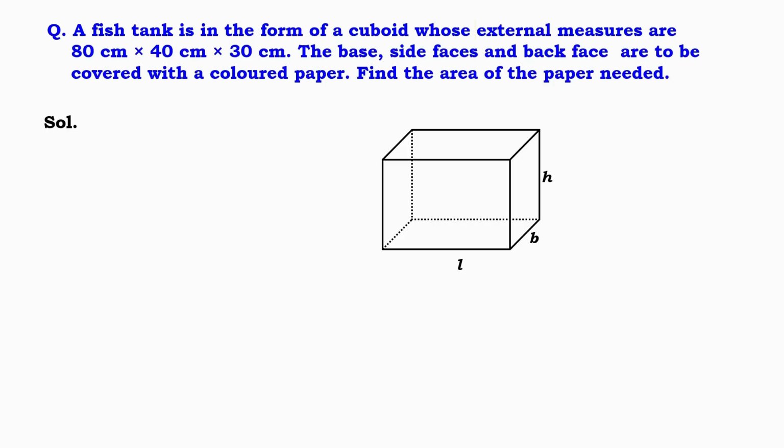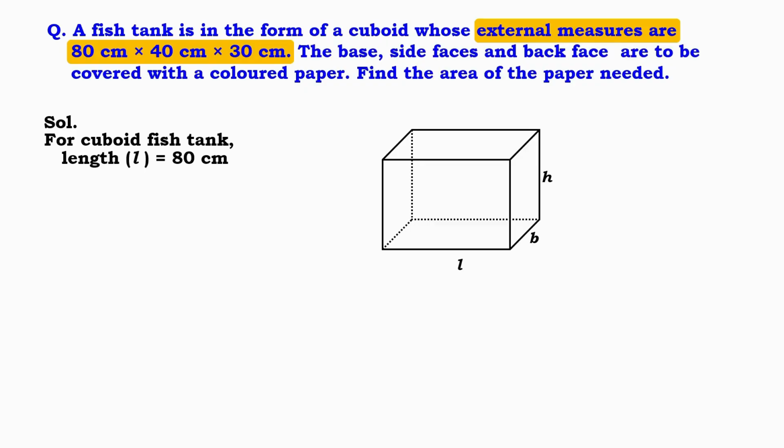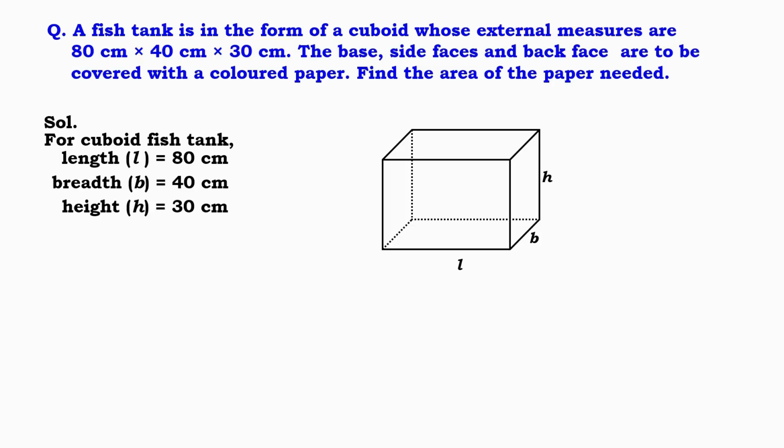Now the measurements are given, that is length, breadth and height. Here length is L, that is 80 centimeter. Breadth is B, that is 40 centimeter. And height is H, that is 30 centimeter. Now the base, side faces. So base, that is LB, the area of the rectangle.